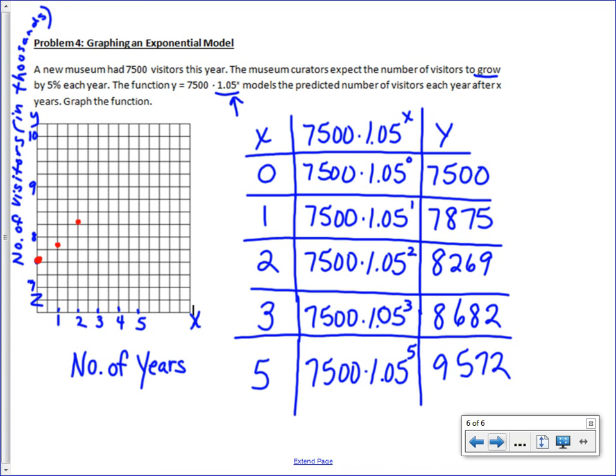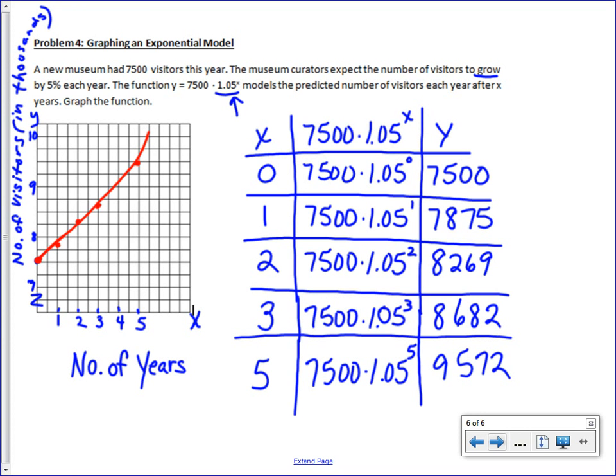In 3 years, 8,682, which is going to be up in this area. And after 5 years, 9,572. So right about here.